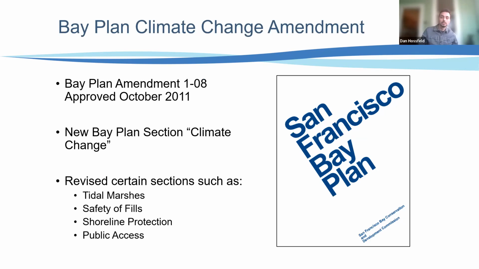This amendment added a new section to the Bay Plan entitled Climate Change, and that included the 8 policies that we'll be discussing. But it also revised other sections on tidal marshes and tidal flats, safety of fills, shoreline protection, public access, and some others to incorporate findings and policies that would help permittees better address the threats of sea level rise to their shoreline and bay projects.